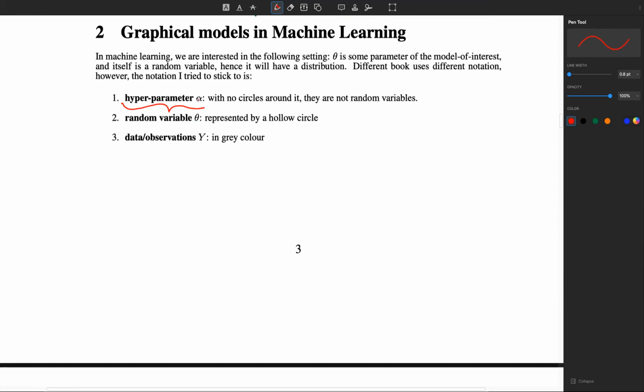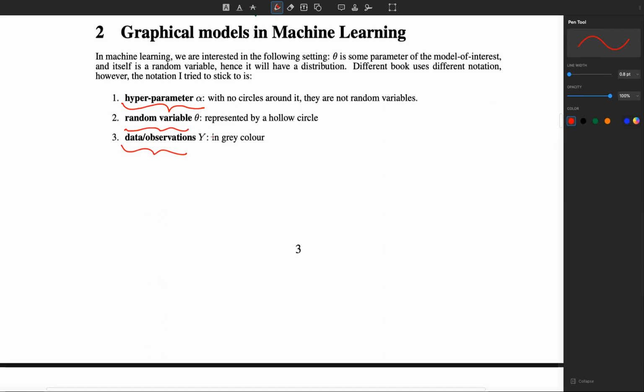There's no circle around, okay? And when you have a random variable, you actually draw a hollow circle. And when it's a data or observation, you not only put it into a circle, but you also use a light gray color. In LaTeX, I used to have gray with an exclamation mark of 40. That's my preferred choice of color for the data.